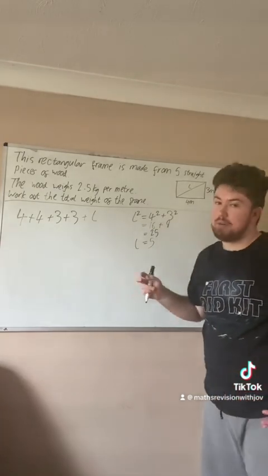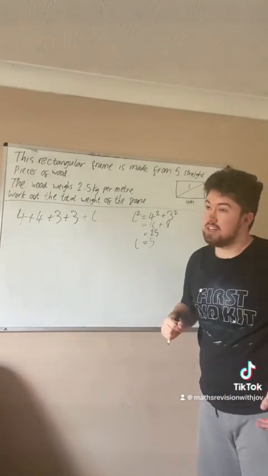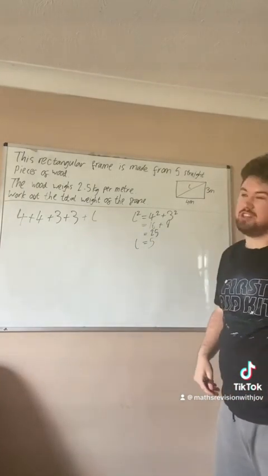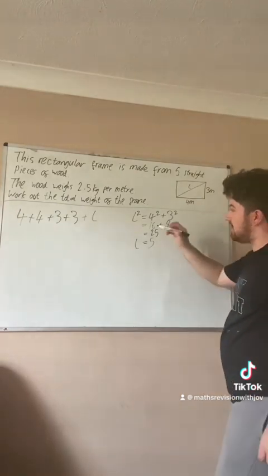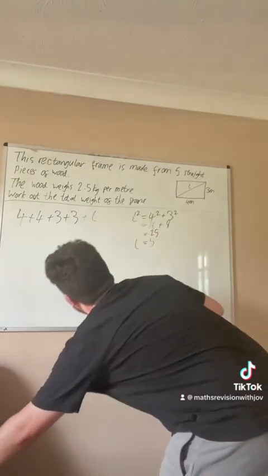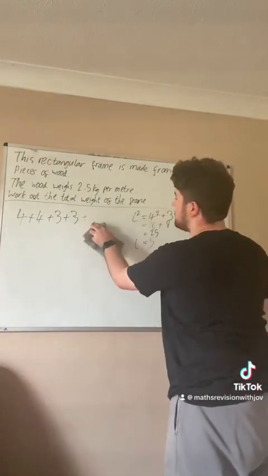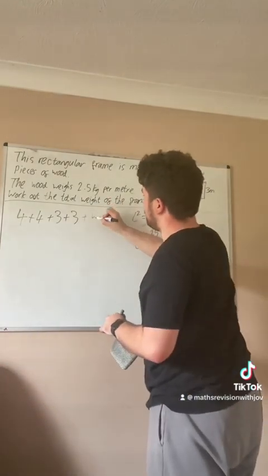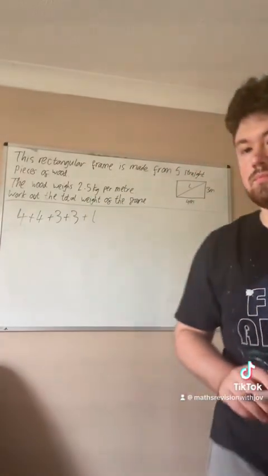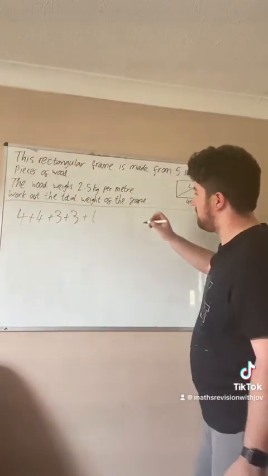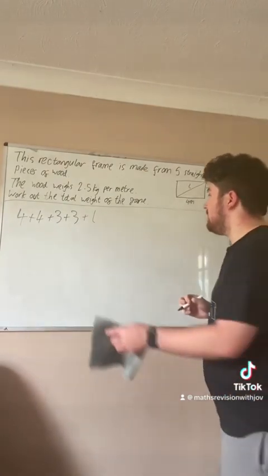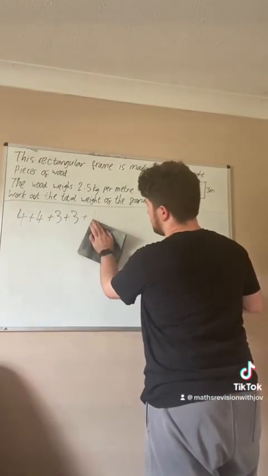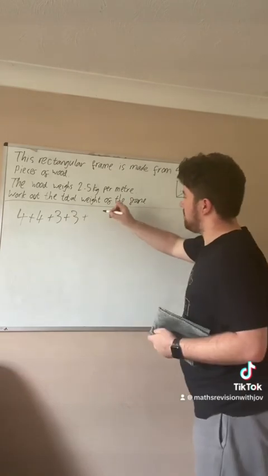Note that it cannot be minus 5 because we're talking about lengths here, and negative lengths don't make a lot of sense in this context. So now we have this L, so we can go ahead and replace it with 5. As you can see, I've rubbed it out because now we know that L equals 5.